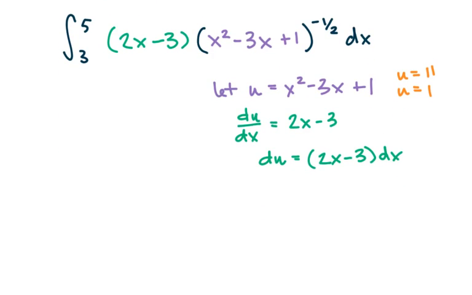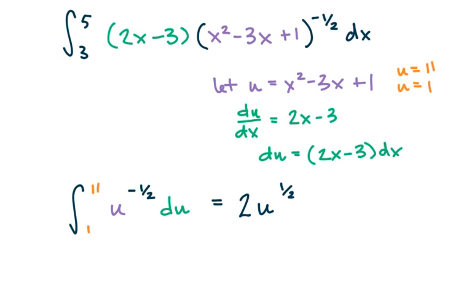So my new integral is the integral from 1 to 11 of u to the negative 1/2 du. And using number 2 from my table on the first screen, I know that this would be using that power rule, which gives me u to the 1/2 divided by 1/2 will give me a 2 in the front, and we'll evaluate that from 11 to 1.